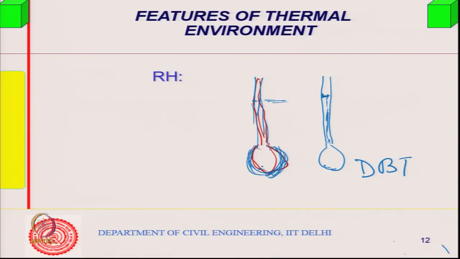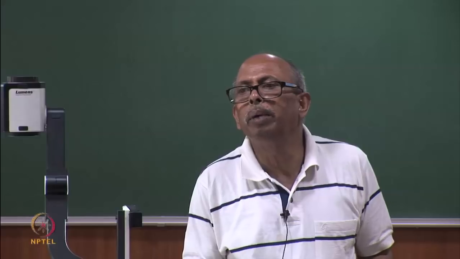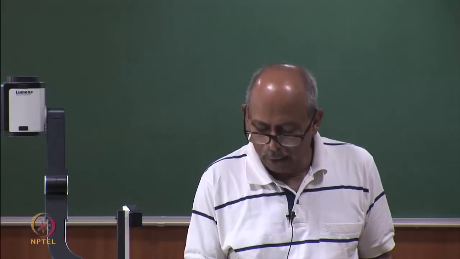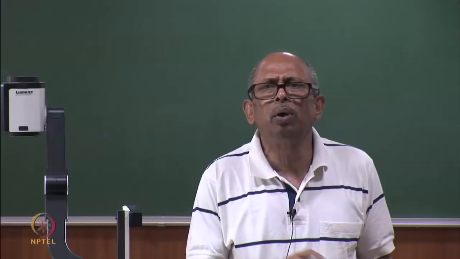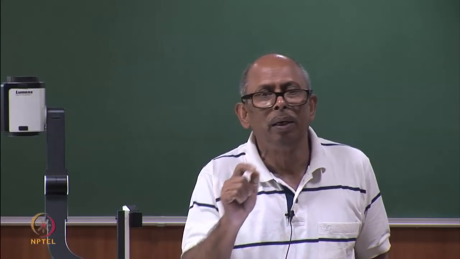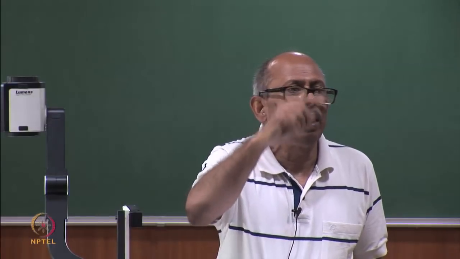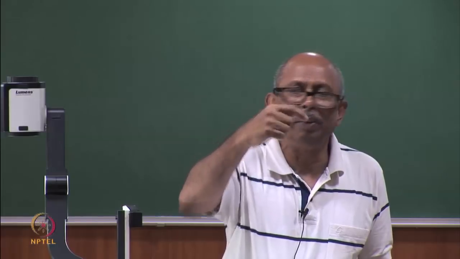Moisture from the bulb which is covered with wet cotton or jute will evaporate, and this will result in depression of the mercury here, which we call wet bulb depression. So, this would be somewhat lower. Do you get it? The jute or cotton has to be wet. They used to have something called a whirling hygrometer, where they would wrap wet jute around the bulb.